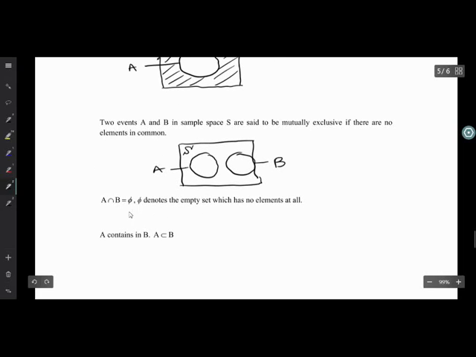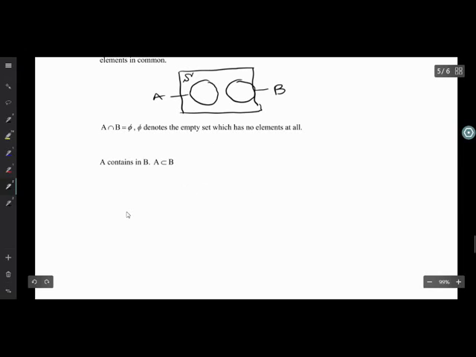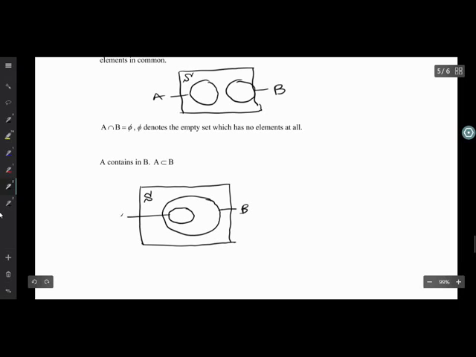Therefore, the intersection is empty. Another one is A contained in B. That means A is a proper subset of B, which means we have the circle for B and A is contained within the circle B. So this is called A contained in B.